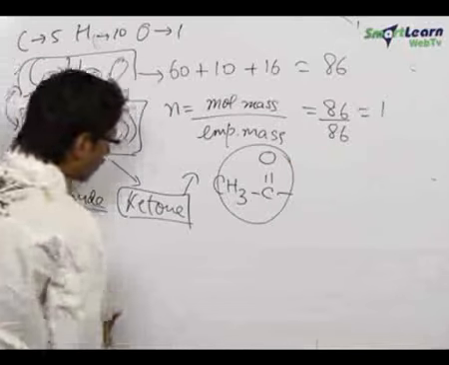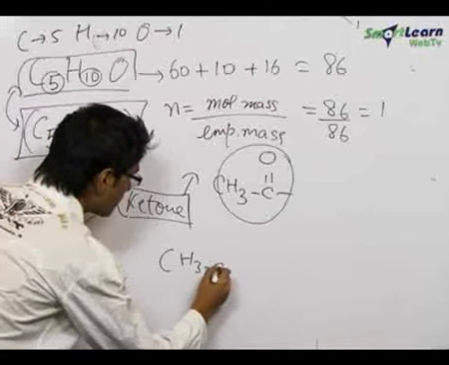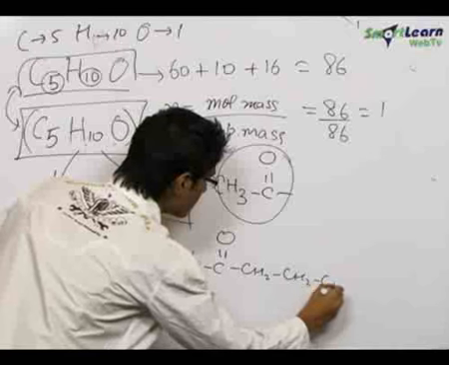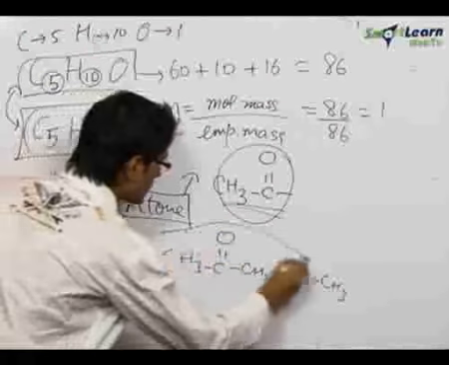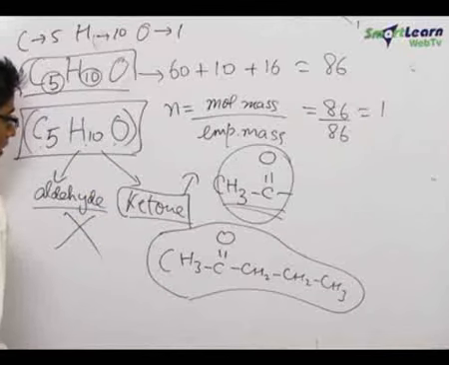So now we try to find the general structure of C5H10O. It can be CH3, C double bond O, CH2, CH2, CH3. Here we have 2 carbons, so attaching 3 more carbons, the simplest carbon chain is CH2, CH2, CH3 to obtain this ketone.